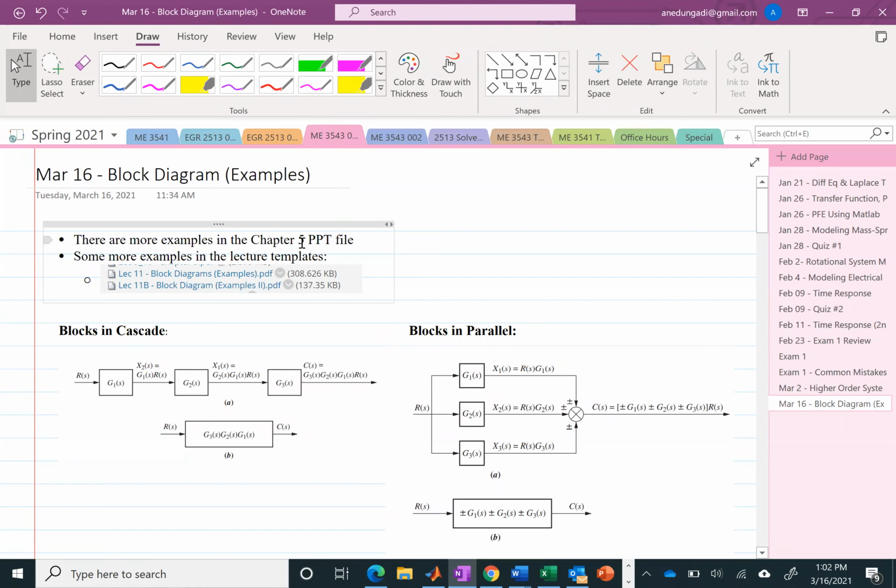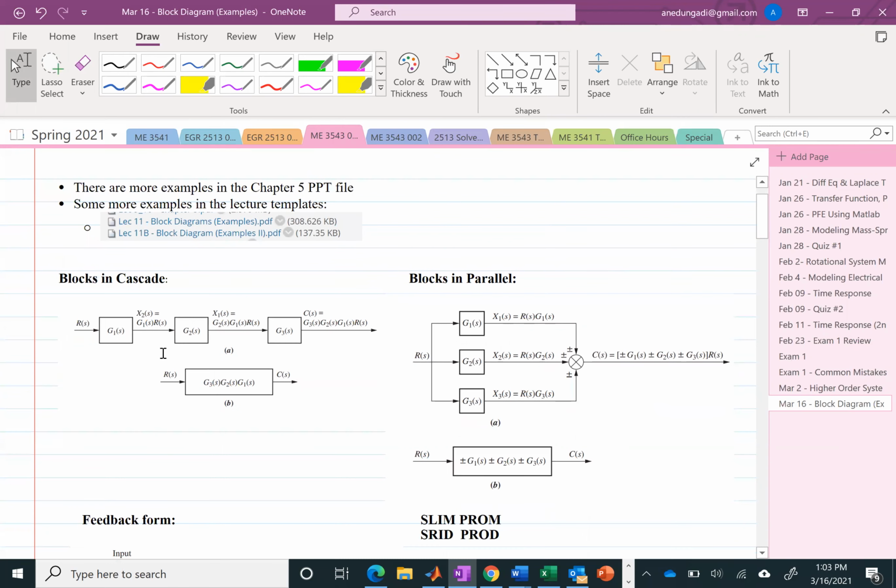If there's something that you don't understand about how to go from one step to the next, please reach out either to me, my TA, or the engineering tutoring services for this class. Then I have more examples in the lecture templates, lecture 11 and lecture 11B. Please look at those examples and understand how block reduction is done.